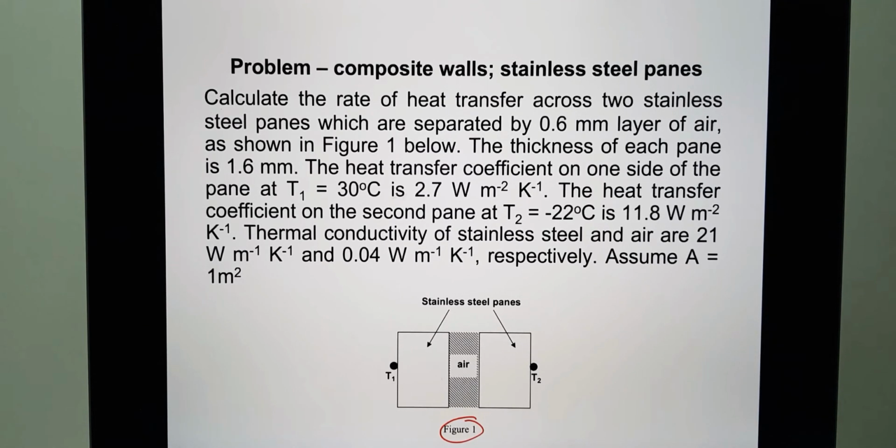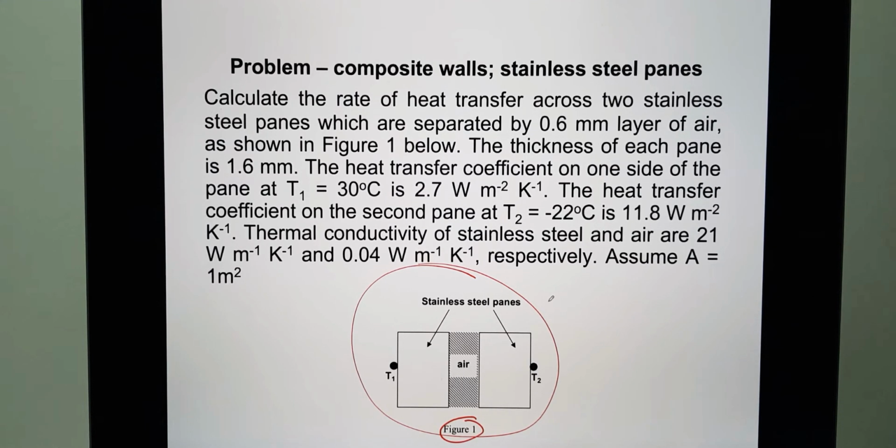And the heat transfer coefficient on the other side of the pane at the temperature of negative 22 degrees Celsius is 11.8 watt per meter square Kelvin. Thermal conductivity of stainless steel and air are 21 watt per meter Kelvin and 0.04 watt per meter Kelvin respectively. Okay, so we assume the area of this system is 1 meter square.